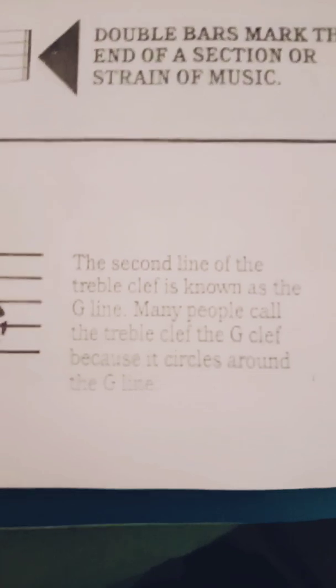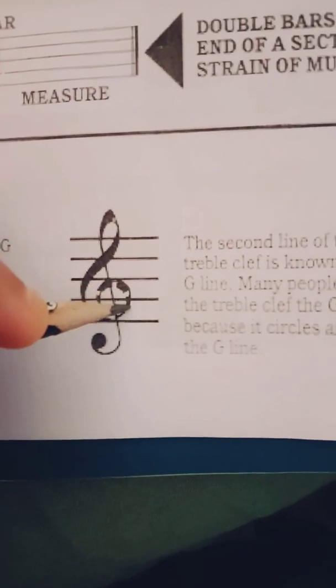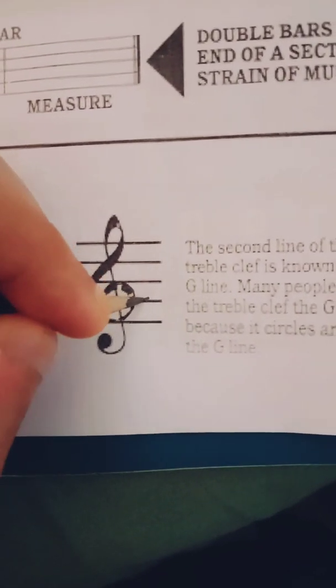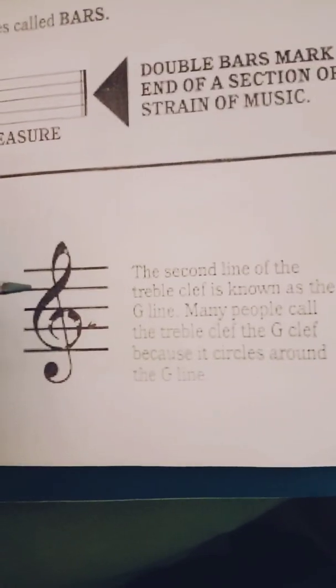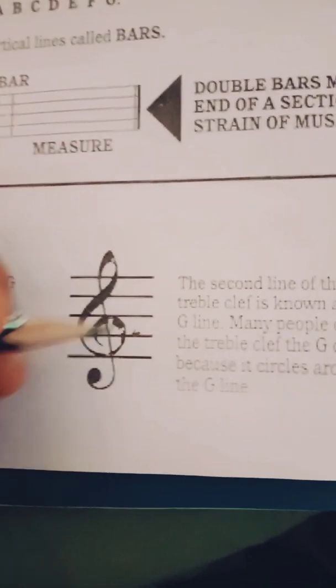Now the second line of the treble clef is known as the G line. You see this curve here. The treble clef literally curls at the G line. Many people call the treble clef the G clef because it circles around this line.